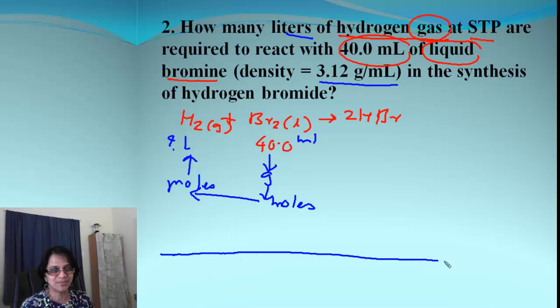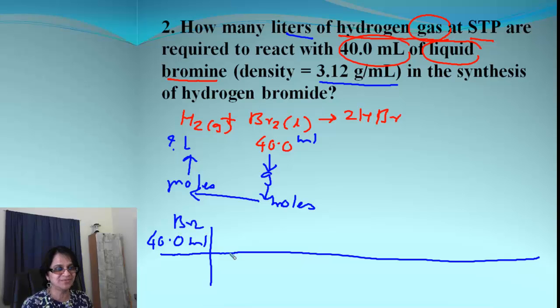So let's see, when we put all these things together, how does it look? That is 40.0 milliliters of bromine, which is liquid. The next thing is grams of bromine. The next part will be moles of bromine.